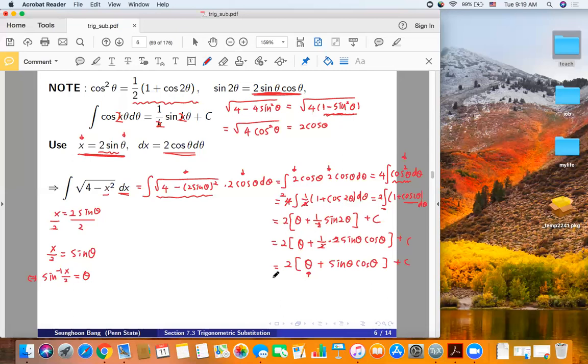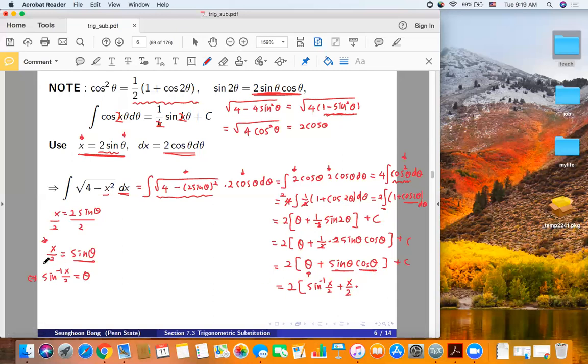So we have it. The first one we reserved: 2 times (theta, which is inverse sine of x over 2, plus sine theta times cosine theta). Sine theta is x over 2, so we have x over 2 times, how can you find the cosine theta?